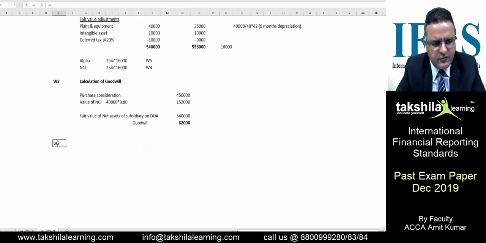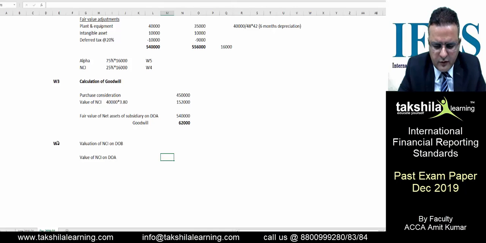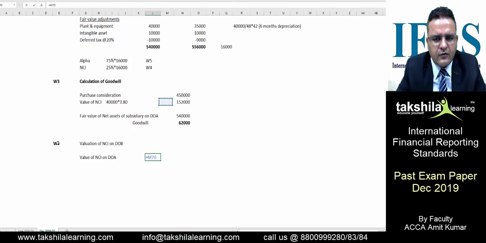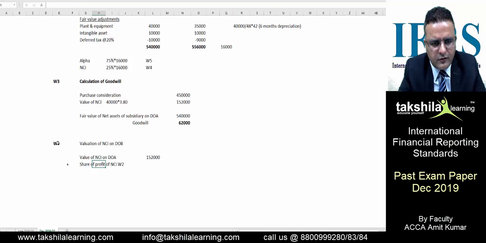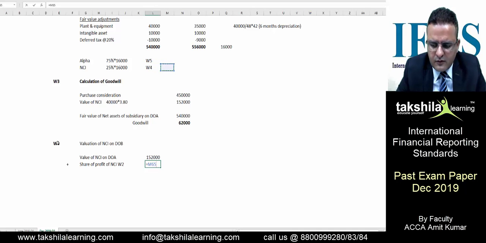Working note number 4 is valuation of NCI, non-controlling interest, on date of balance sheet. For that we need value of NCI on date of acquisition, which is equivalent to 152,000 plus share of profit of NCI, which we got from working note number 2, is equal to 4,000.